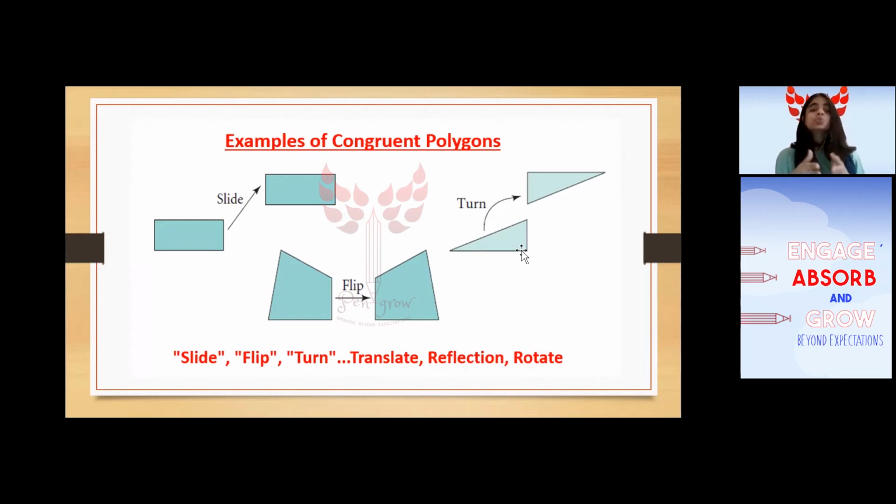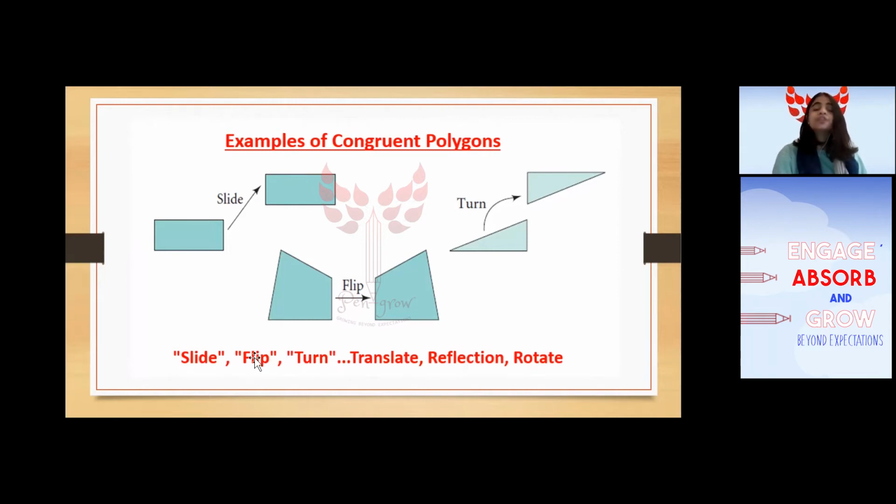Translation means you move your object some units upward, downward, left, or right. So if you move this object some units towards your right and some units up, it would exactly replicate the original object. That replication means that both of these objects are exactly the same.